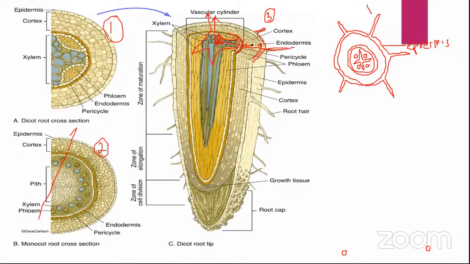Water is taken up if the outer soil solution has a high water potential, by osmosis, via the root hair cells, then epidermis, cortex cells, and then endodermis, and then up to the xylem.